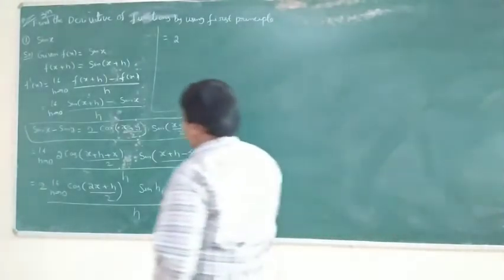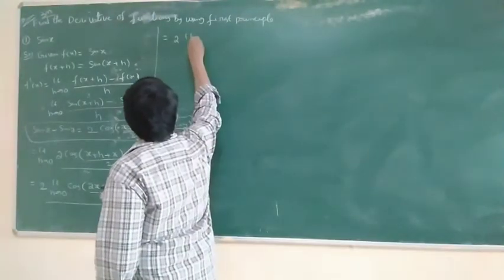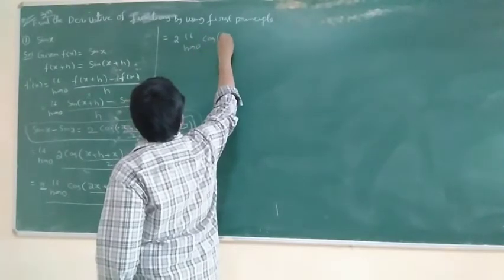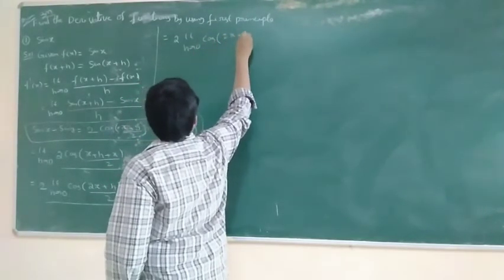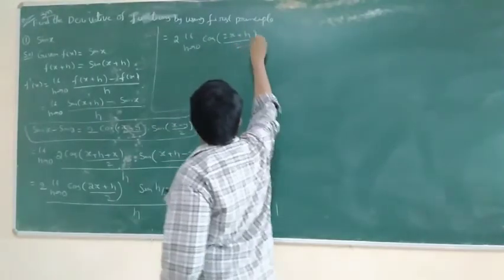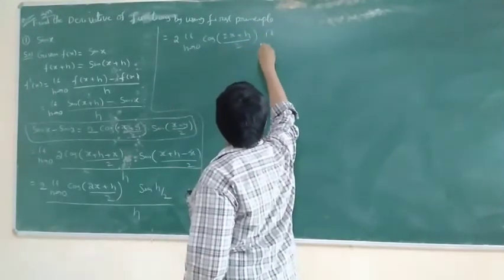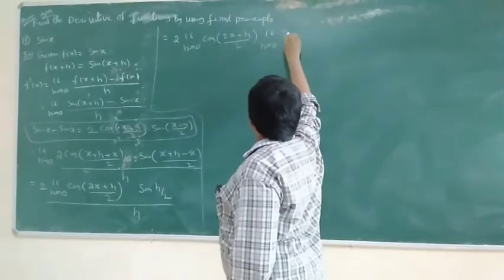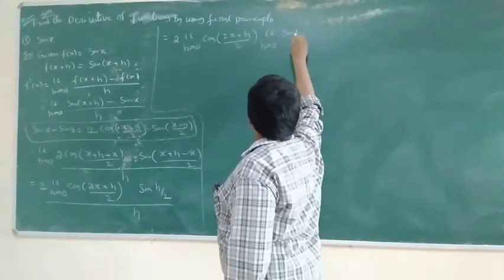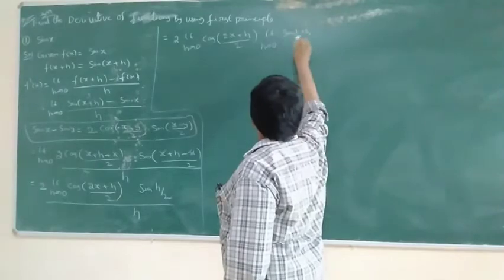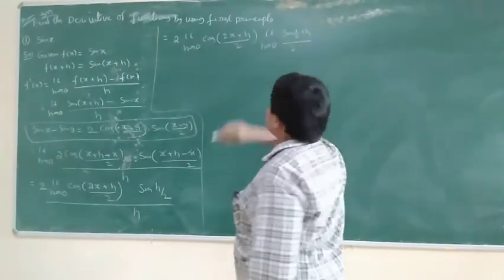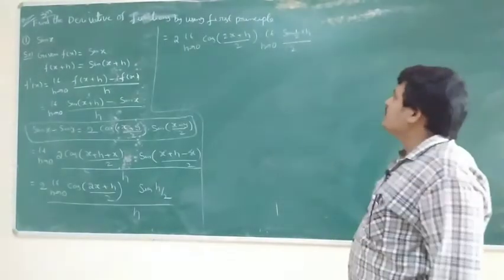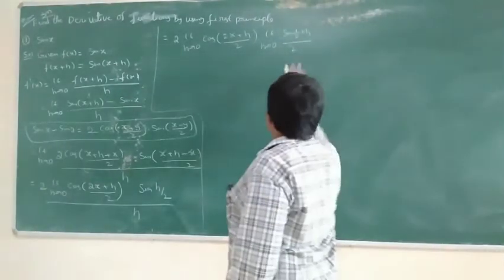So limit h tends to 0 of cos of 2x plus h by 2, into limit h tends to 0 of sin h by 2 over h, which is 1 by 2 into h by 2, equal to 1 by 2 into h by h.